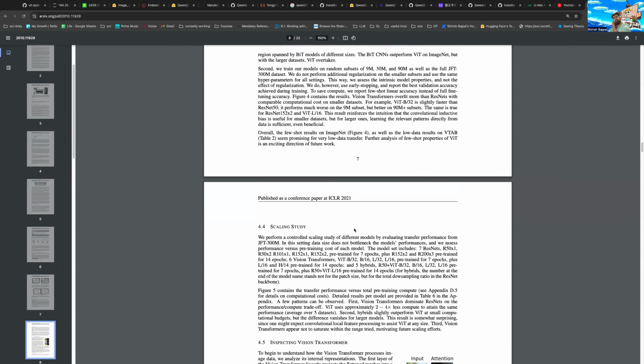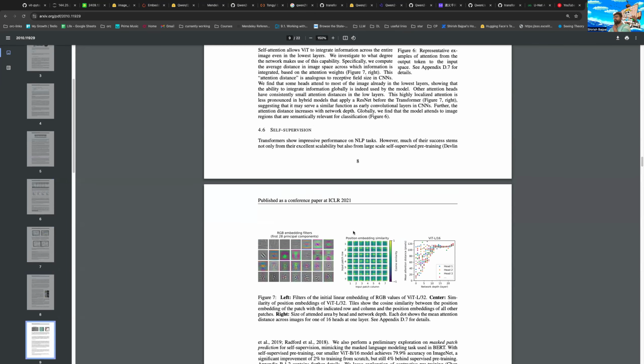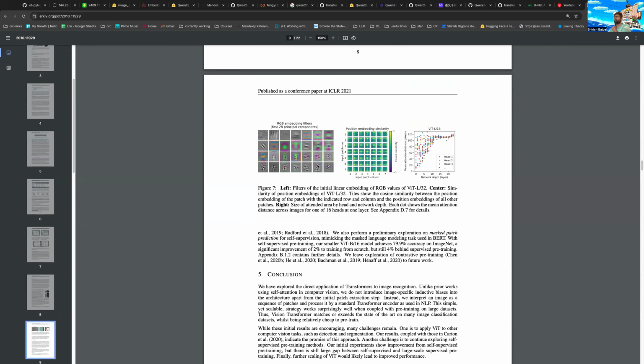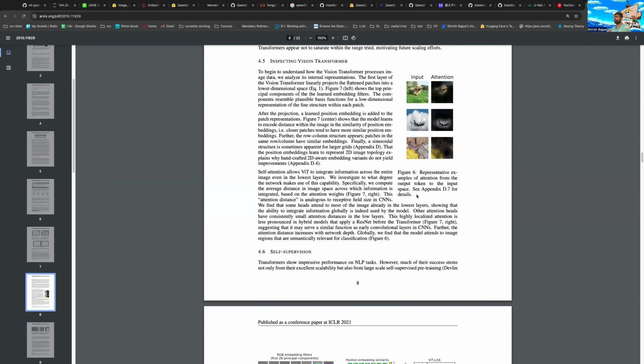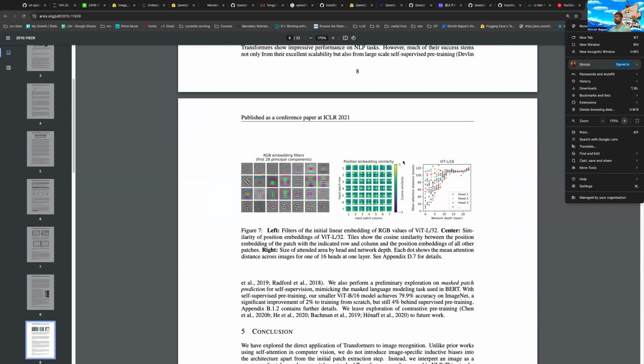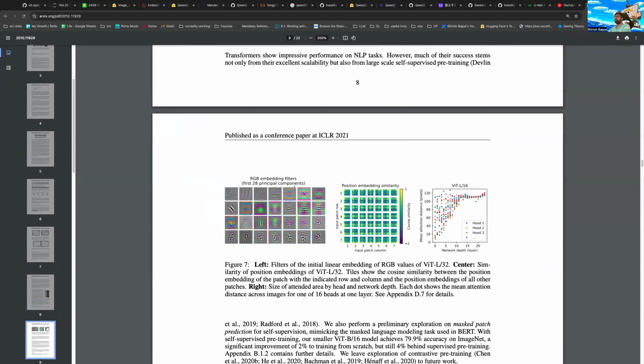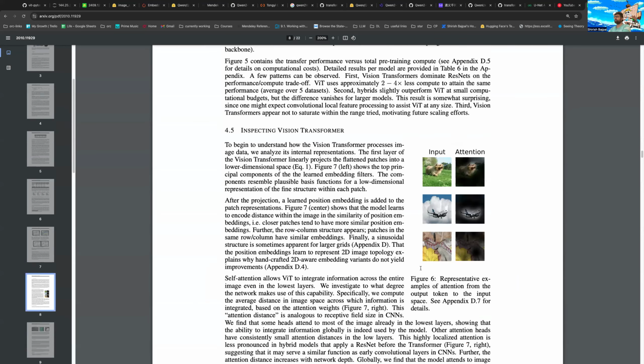Now if we look at some of the results, they have shown these, which are from the embedding layers of the transformer, right? This ViT comes in different versions based on the size.